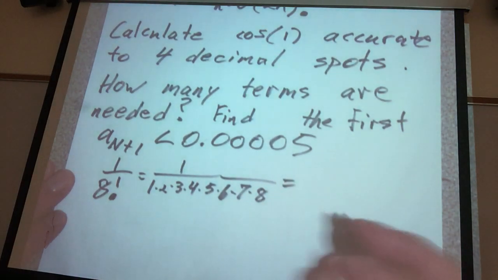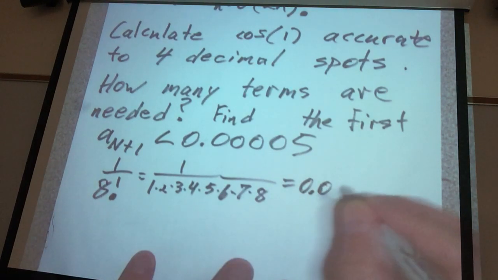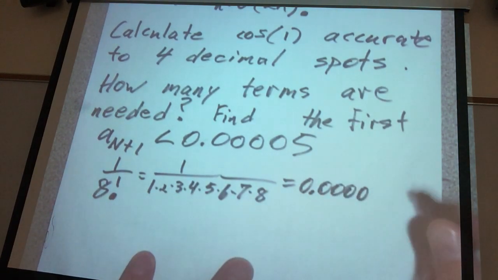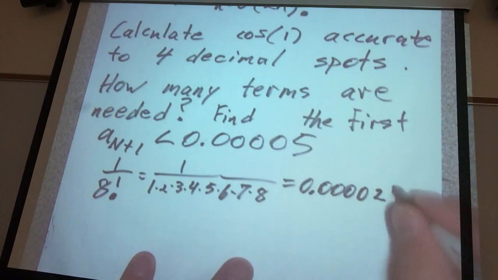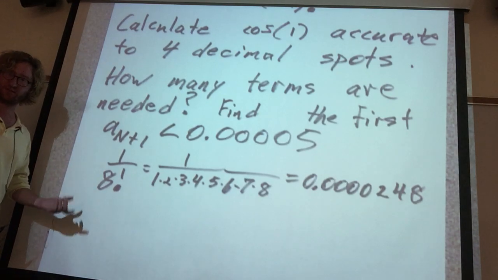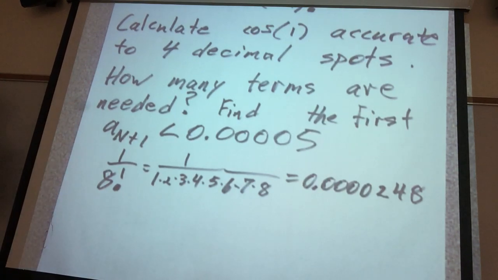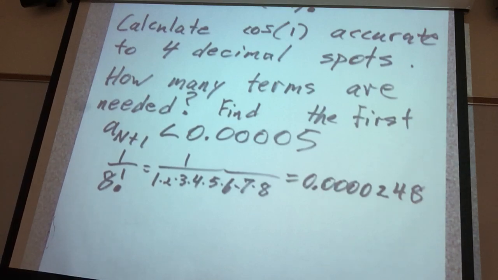That actually equals 0.0000248. So this is going to be the first term in this infinite series that is less than 0.00005. Okay? And remember that this is capital N plus 1. So we're not going to actually need this term.